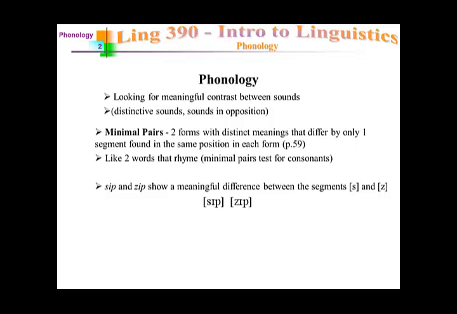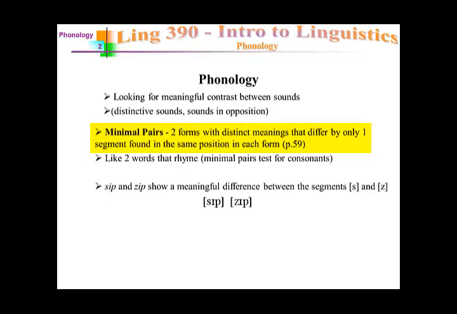A core idea in the study of phonology is the search for meaningful contrast between sounds. What this means is that one of the first goals of phonology is to figure out which sound differences can result in changes in meaning between words. To do this, the first thing we look for are minimal pairs.